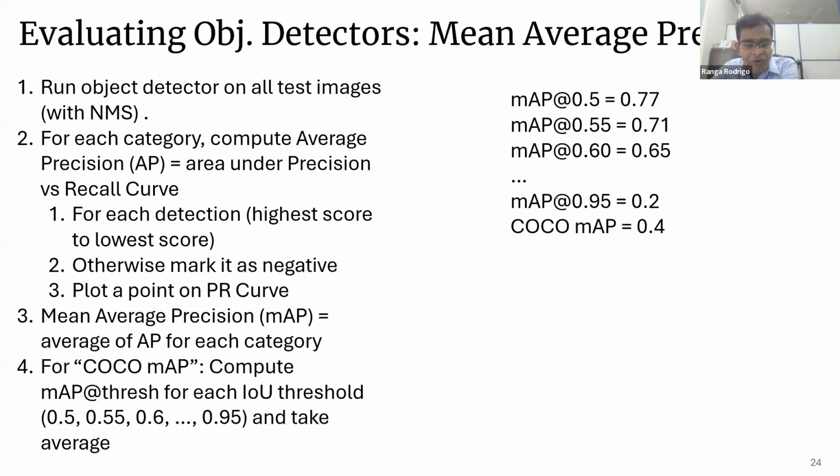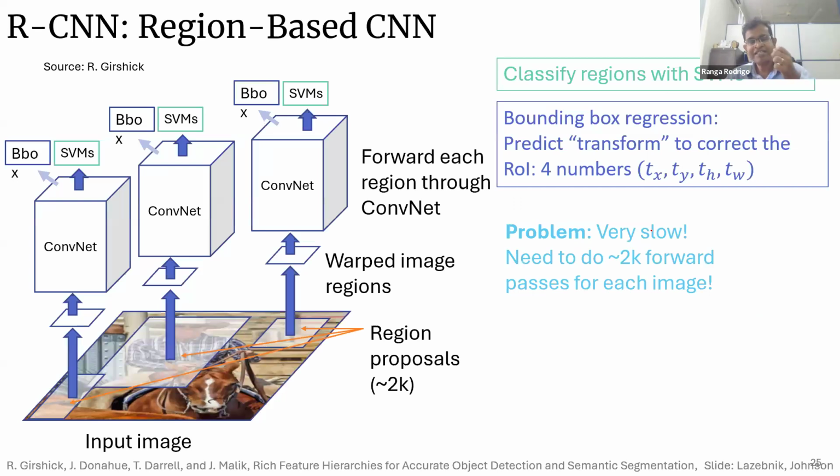For COCO, the very famous dataset called MS COCO, they define COCO MAP, where they use multiple thresholds and find an average. So I think now you understand how to measure object detectors, and we understood what RCNN means.